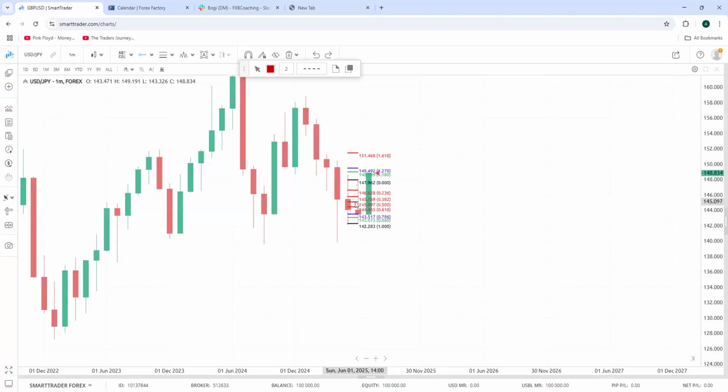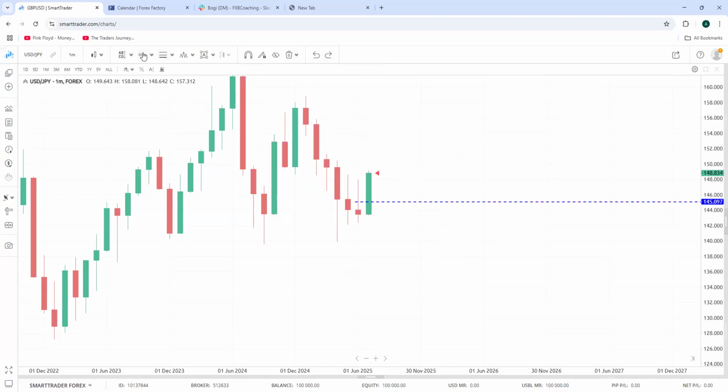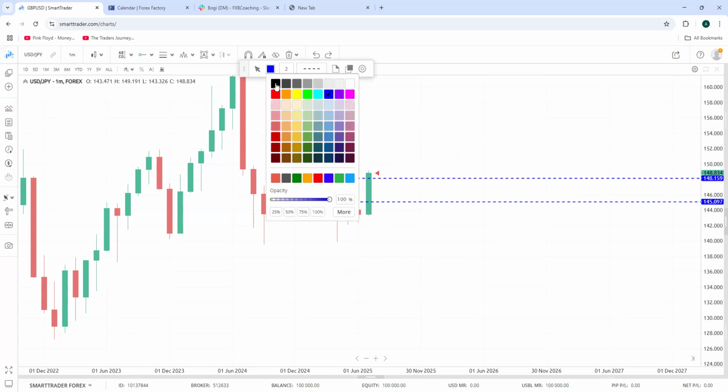And here's the 50%, and quite clearly, it's already been hit. Even the high has been taken out. We got some pretty amazing strength from the US in the last couple of weeks.